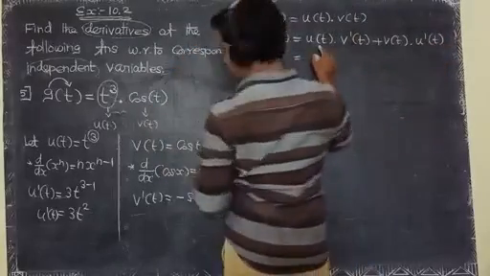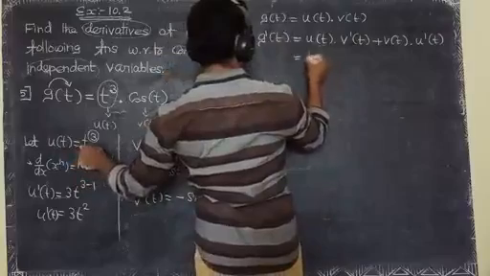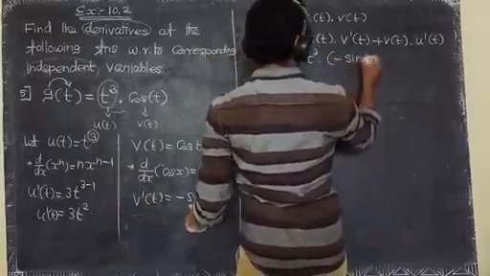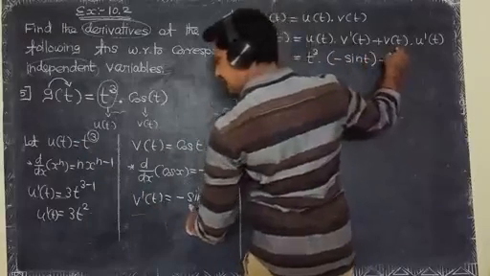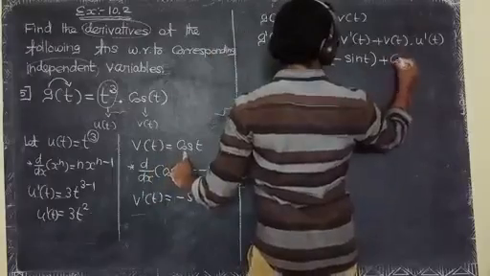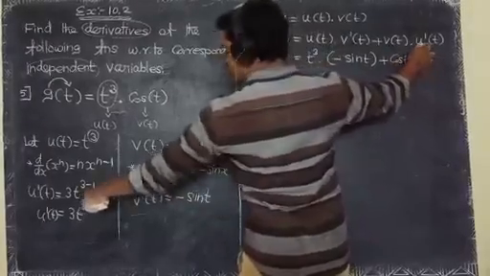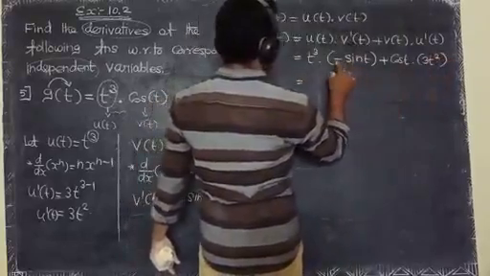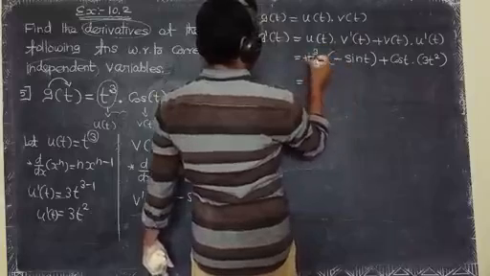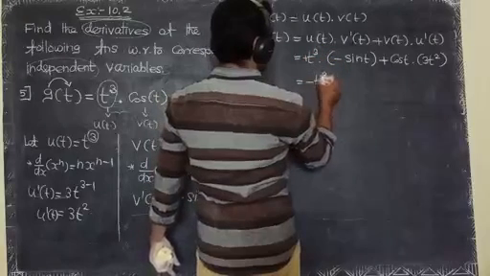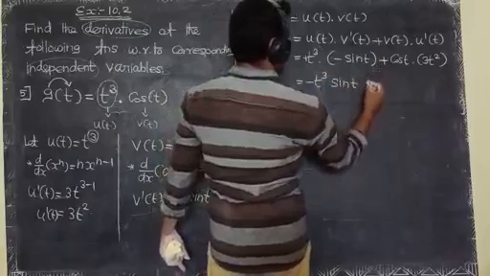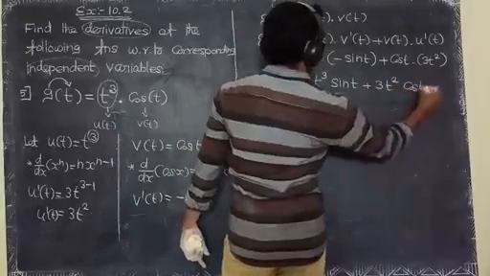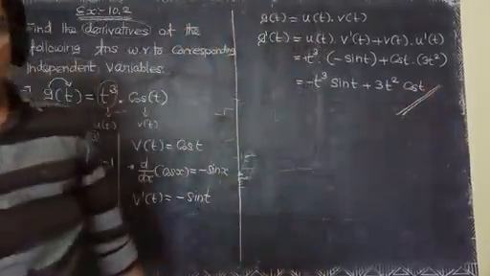Substitute the values: u of t is t power 3, v dash of t is minus sin t, plus v of t is cos t into u dash of t, which is 3 t square. Minus into plus is minus t power 3 into sin t, plus 3 t square into cos t. This is the required result.